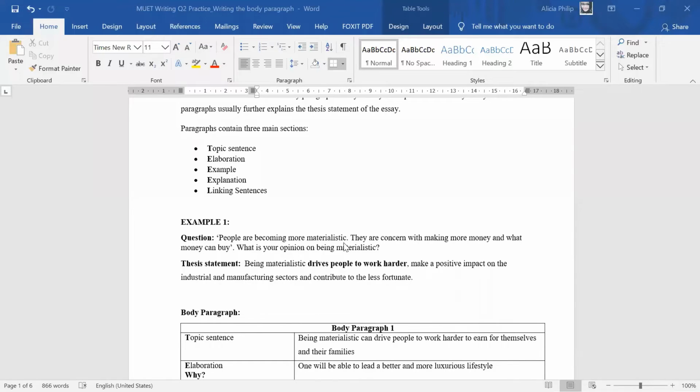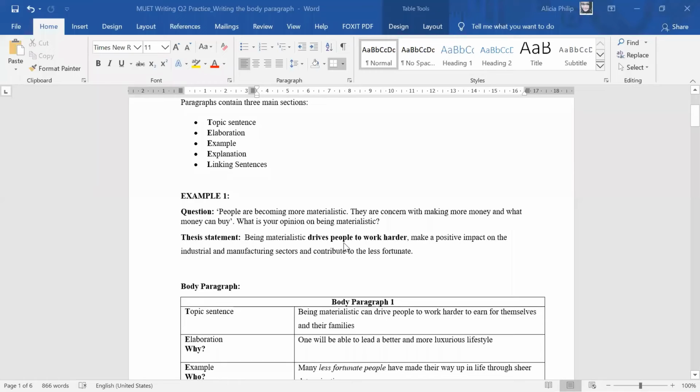Now, you have the thesis statement here. Remember, when you want to write your body paragraph, your thesis statement must be a good thesis statement. If you don't write a good thesis statement, or you don't mention the point effectively, you will not be able to write a good body paragraph, because it comes back to the introduction itself. If your introduction is good, you can write a good body paragraph.